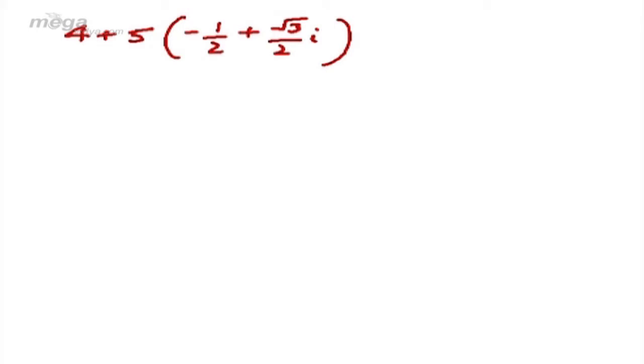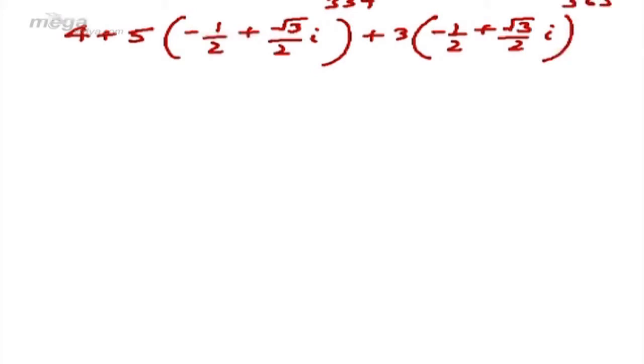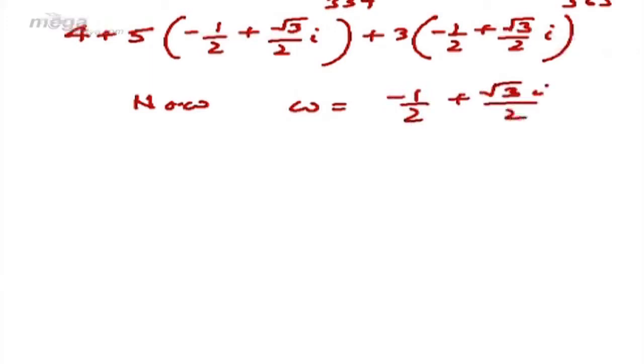We are given 4 plus 5 times (minus half plus root 3 by 2 i) whole to the power 334 plus 3 times (minus half plus root 3 by 2 i) whole to the power 365. Now omega is equal to minus half plus root 3 i by 2.